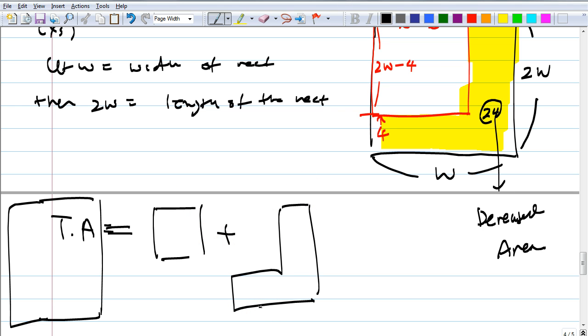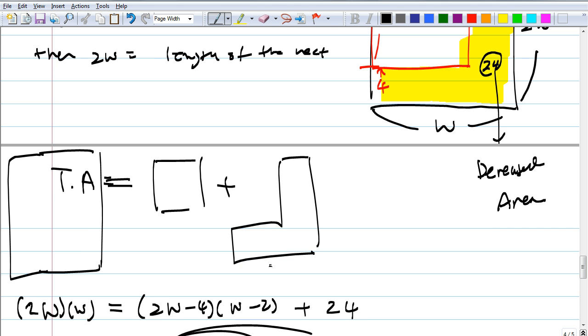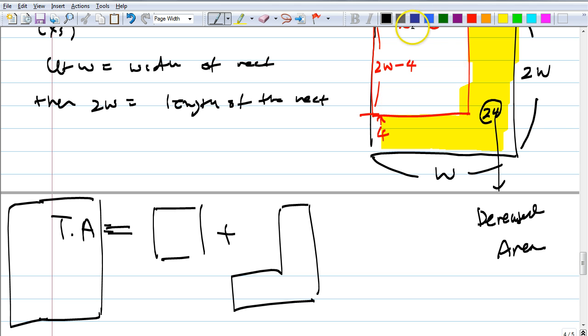That's how you add them, right? So what is the area of the whole thing? Isn't it simply 2w times w? Remember we had w times 2w for the original rectangle. So isn't the total area, the big one, equal to the small one in red plus the L shape?